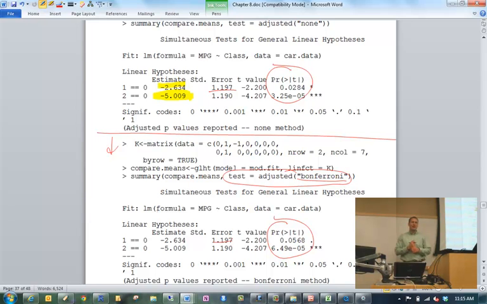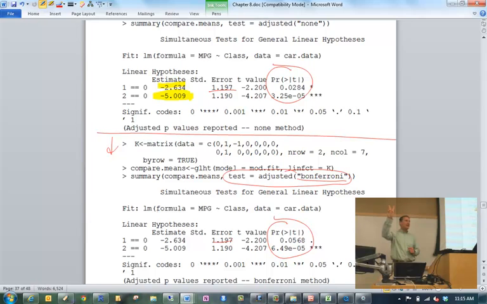It goes back to your days of multiplication. What was done? The p-values were multiplied by 2.